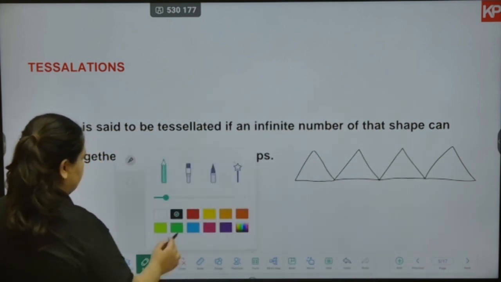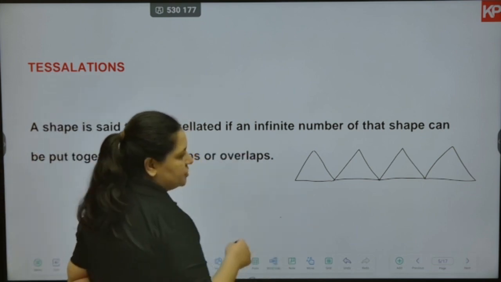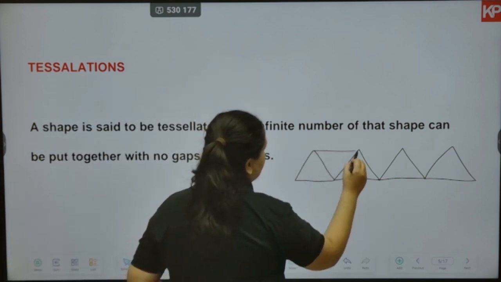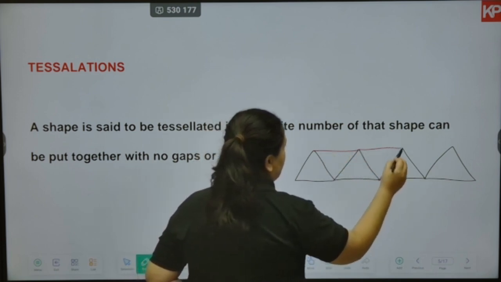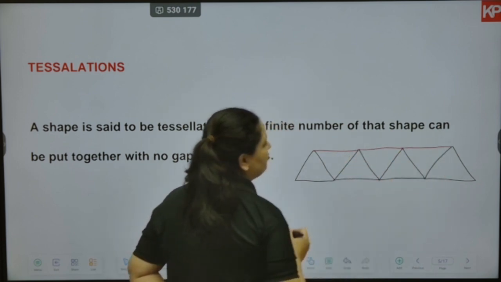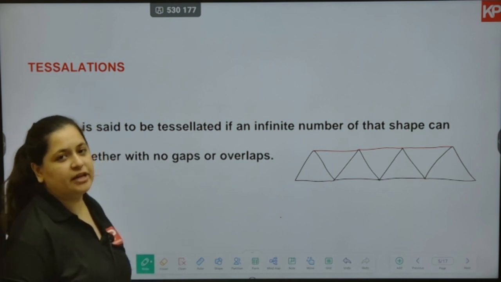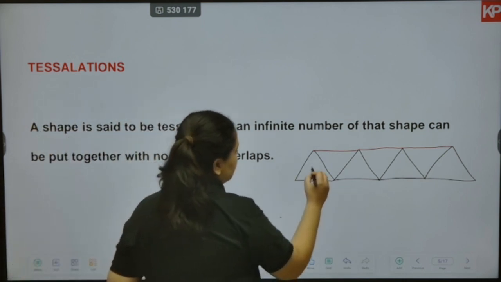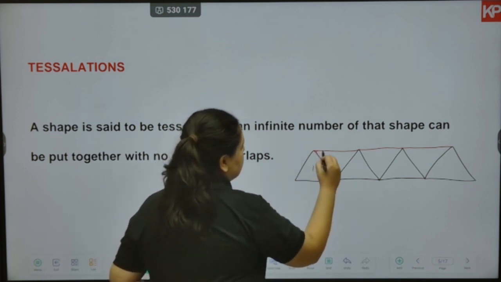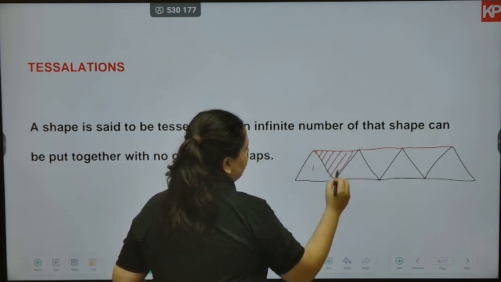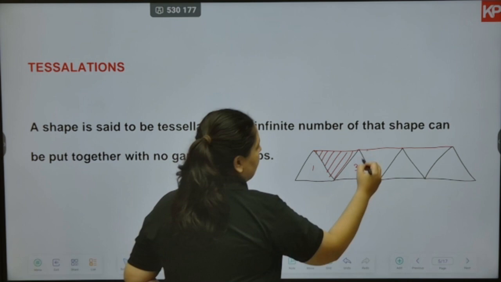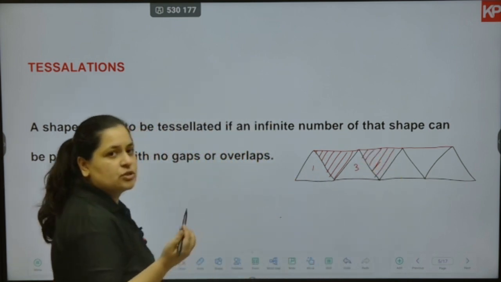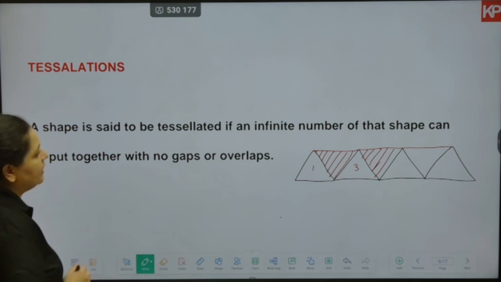Now let's check. If we invert this triangle or rotate it 180 degrees and then try to fit it in this particular pattern, what happens? We are able to see that it is perfectly fitting into one another without leaving any gap or overlapping. For example, this is one triangle and this is triangle number 2. This is triangle number 3. This is triangle number 4 and so on. So we can see here this triangle can tessellate.